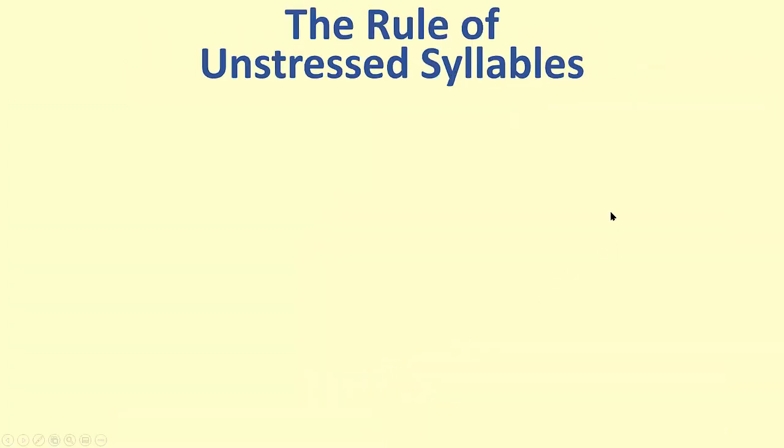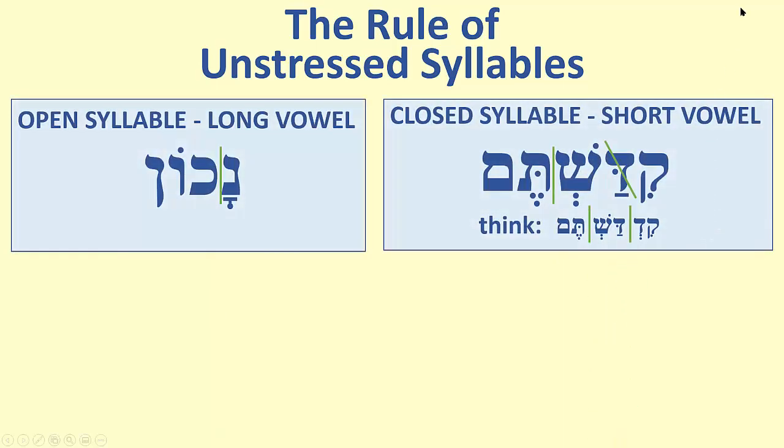All right, it's at this point that I think you are ready to learn the rule of unstressed syllables. In Hebrew, unstressed syllables follow a rule that has two parts to it, or two allowances.